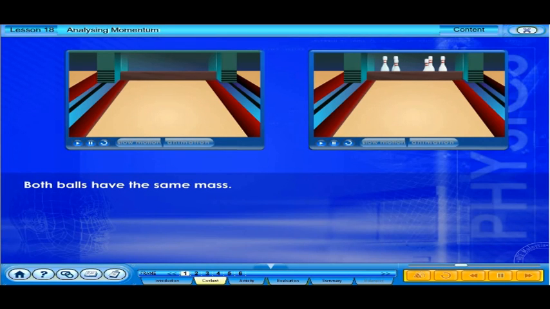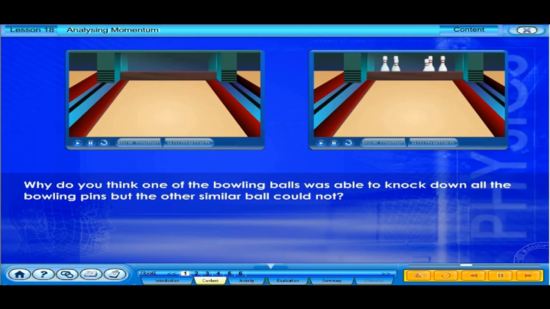Both balls have the same mass. Why do you think one of the bowling balls was able to knock down all the bowling pins, but the other similar balls could not?